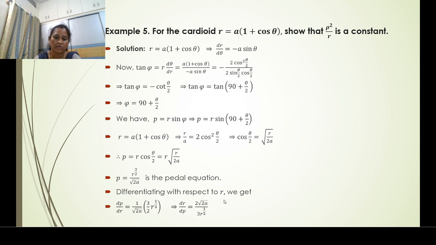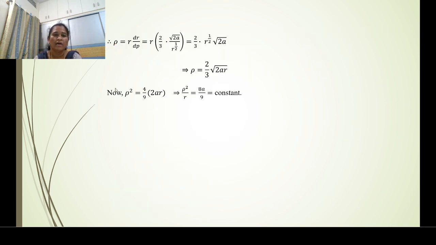Differentiate with respect to r. We get dp by dr is 1 by root 2a, constant, times the differentiation of r to the power of 3 by 2, which is 3 by 2 r to the power of 1 by 2. Then dr by dp is 2 root 2a by 3 r to the power of 1 by 2. Then rho is equal to r dr by dp.